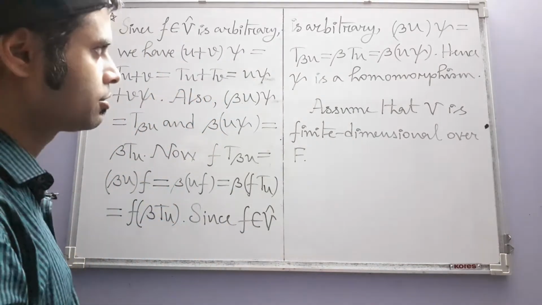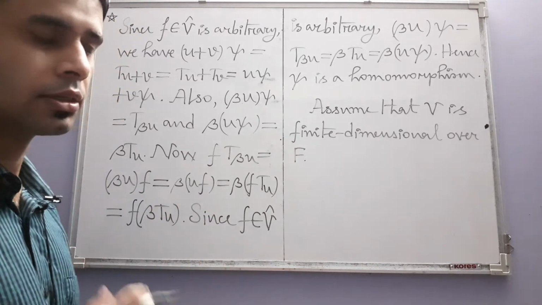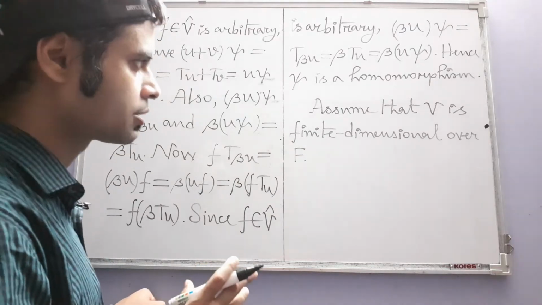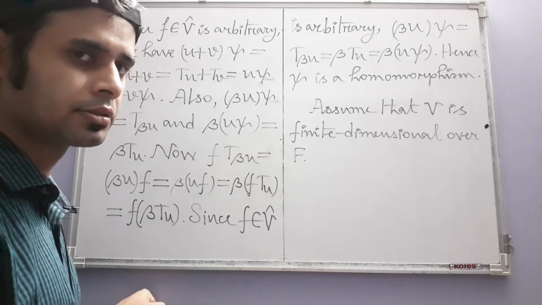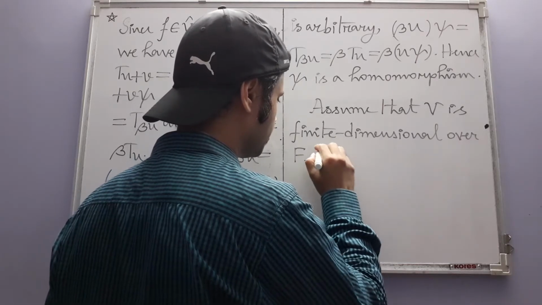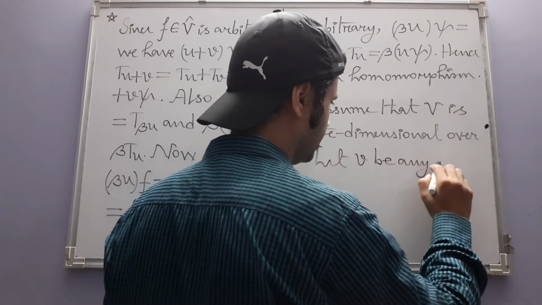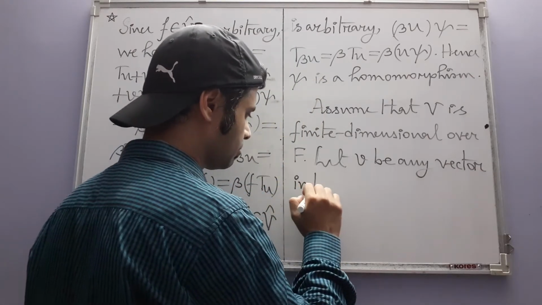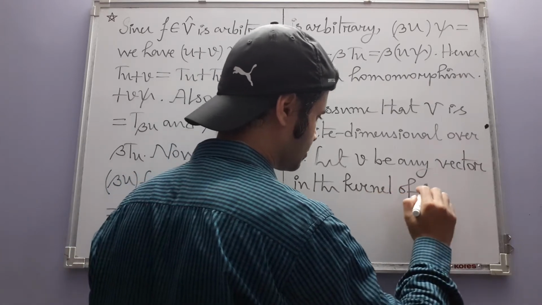Now say we want to show that our psi is 1 to 1, injective. That means because we have already shown that psi is a homomorphism, it's enough for us to show that its kernel is the zero subspace of V. So let v be any vector in the kernel of psi.